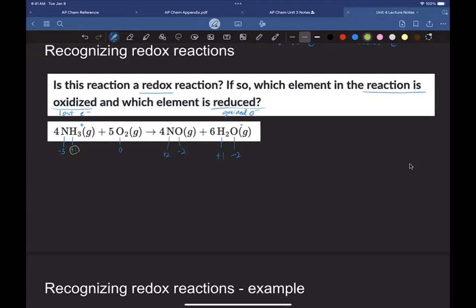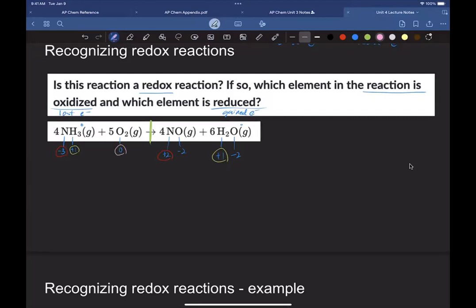Now let's compare H. We're going to look at the reactant side. H started with +1, and on the product side it's still +1. And how about N? N started with an oxidation number of -3, but on the product side it has +2, so its oxidation number changed. What about oxygen?